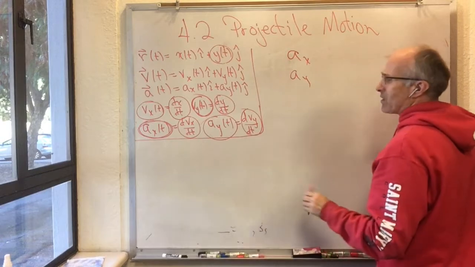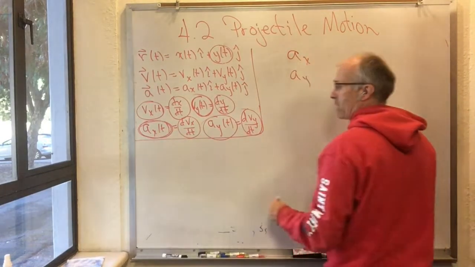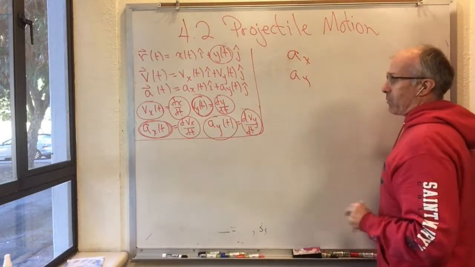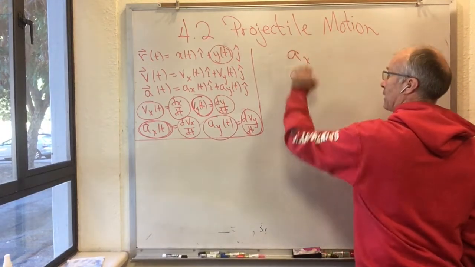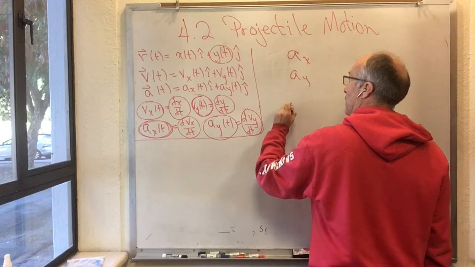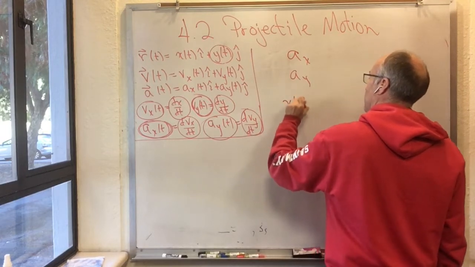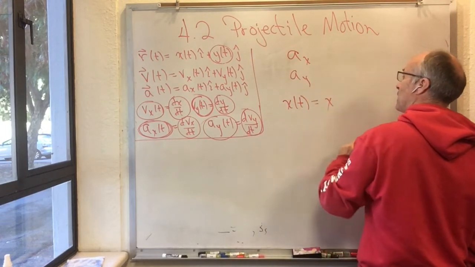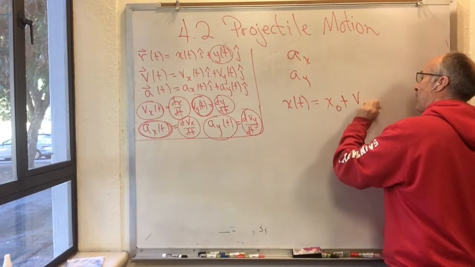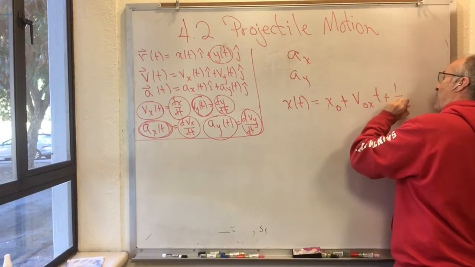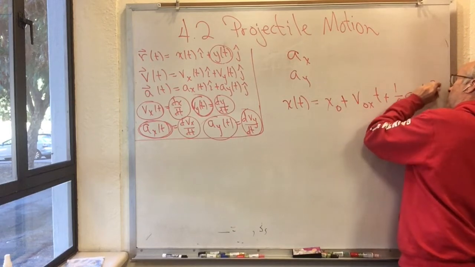If ax is not some arbitrary function of time and ay is not some arbitrary function of time, then the total situation is that x of t is equal to x at t equals 0, which we usually write x naught, plus v naught x times t plus 1/2 ax t squared.